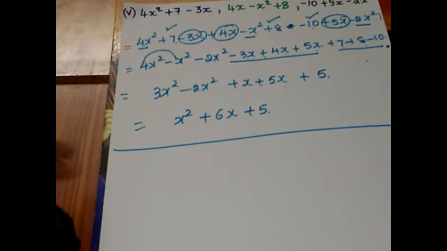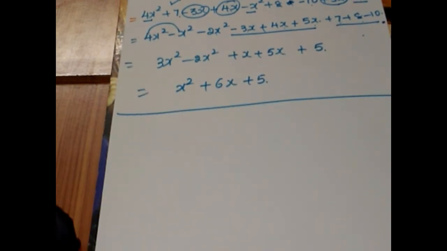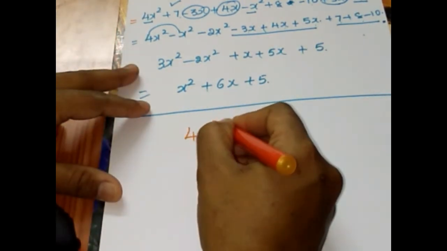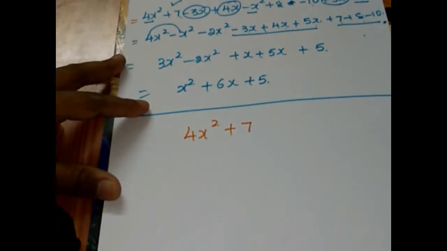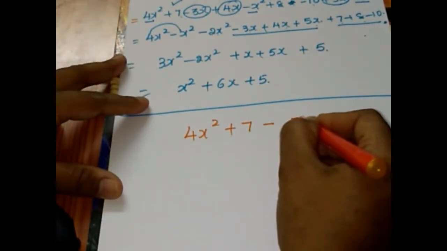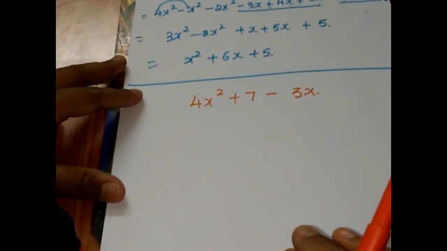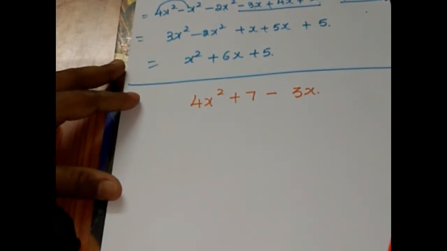So what we need to do? While writing, we have to write the terms carefully. First one, 4x square plus 7 minus 3x. So we have a definite method in writing the polynomial, children.